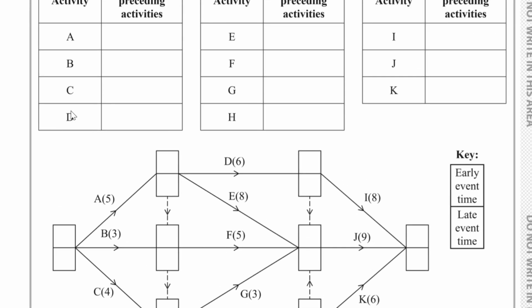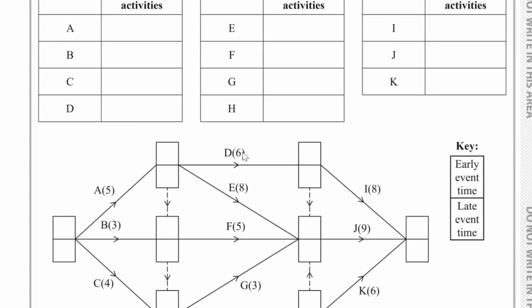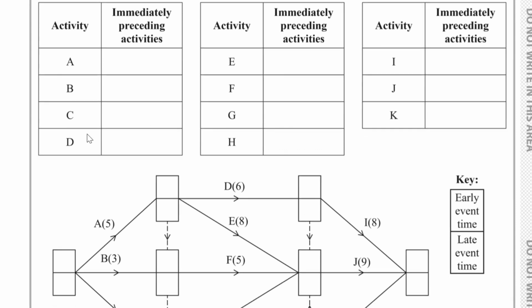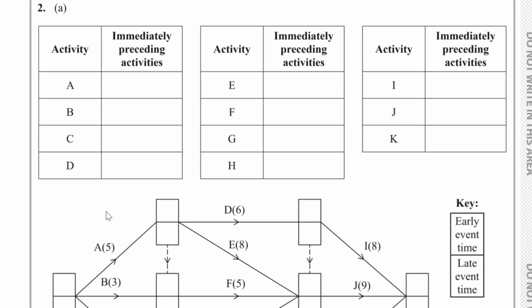However, for the sake of this question, let's just treat these boxes as nodes. If we take a look at activity A, activity B, and activity C, you can see those are connected to the source node, and therefore there is no immediately preceding activities for A, B, and C. So we can indicate this with a dash.